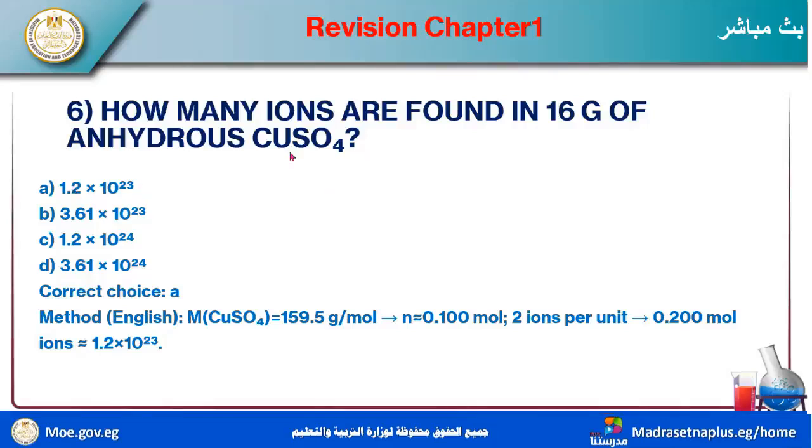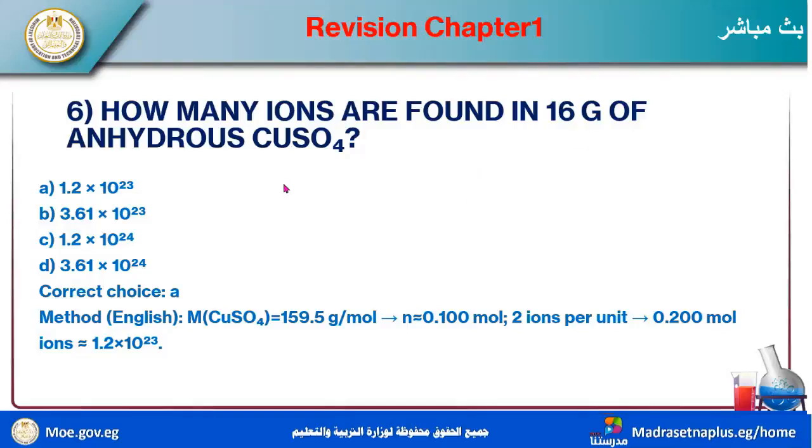Now I repeat the way again. We divide 16 by 159.5, approximately 160, so it is 0.1 moles of CuSO4. 1 mole has 2 moles of ions.